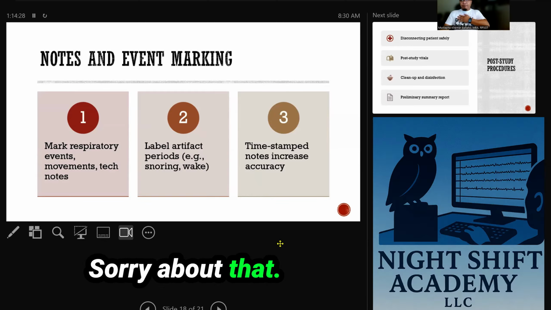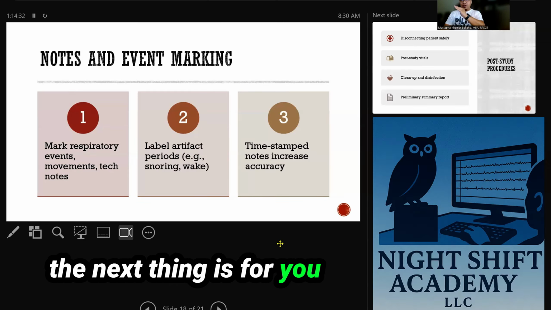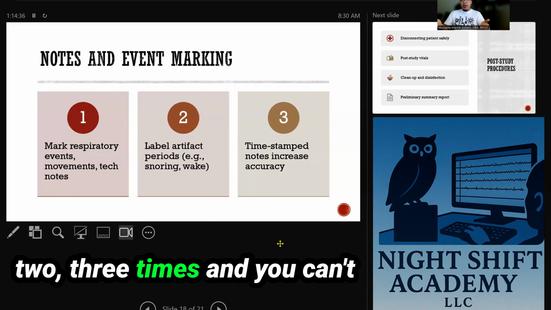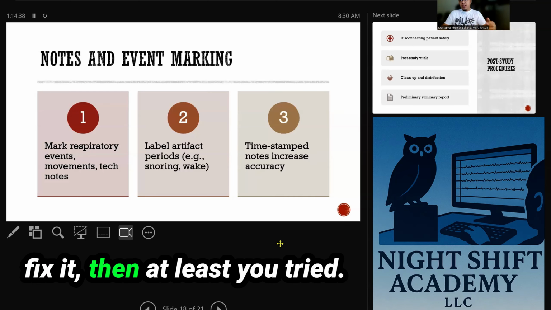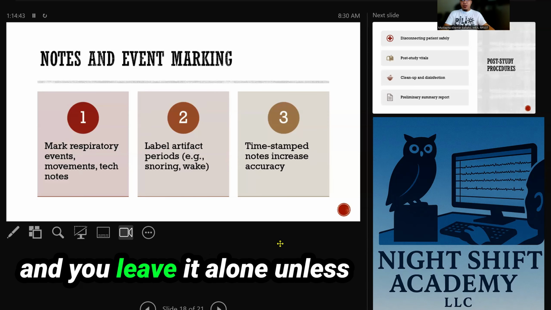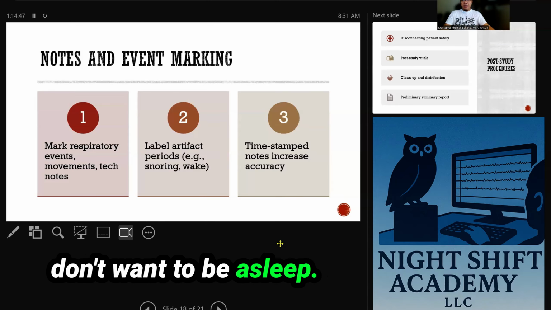Sorry about that. So if there's any artifacts, the next thing is for you to troubleshoot and fix it. And if you try to troubleshoot 2-3 times and you can't fix it, then at least you tried. Okay? Never annotate an artifact and leave it alone. Unless you're asleep, which you don't want to be. Okay.